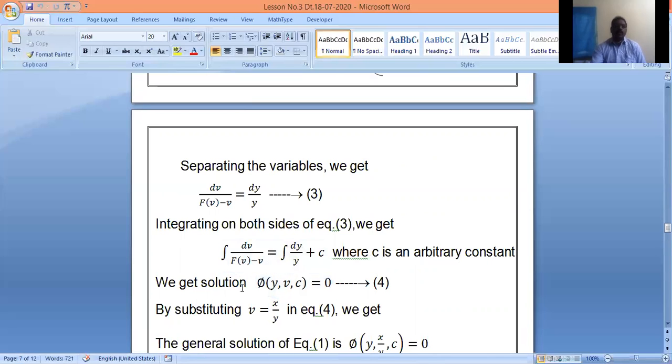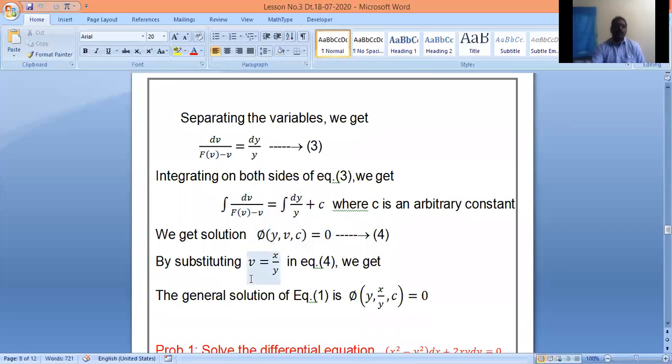We get the solution as pi of y comma v comma c is equal to 0. Let this equation be 4. By substituting v is equal to x by y in equation 4, we get the general solution of equation 1 as pi of y comma x by y comma c is equal to 0.